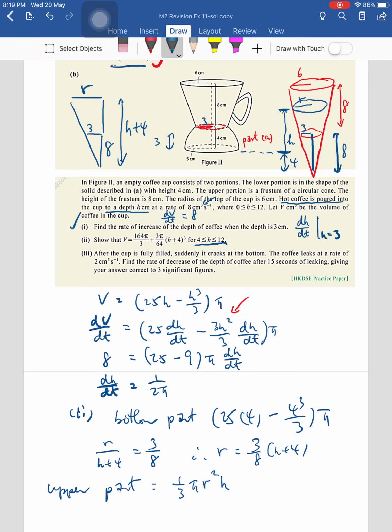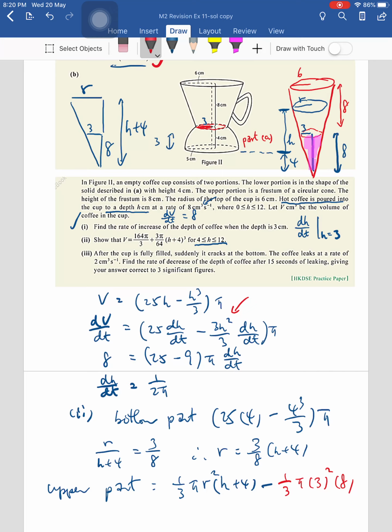The H is not H, the H is H plus 4, okay, minus this first one, okay, minus this part, okay. So minus 1 over 3 pi R squared H, okay.